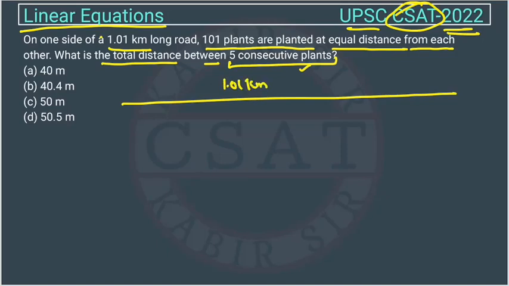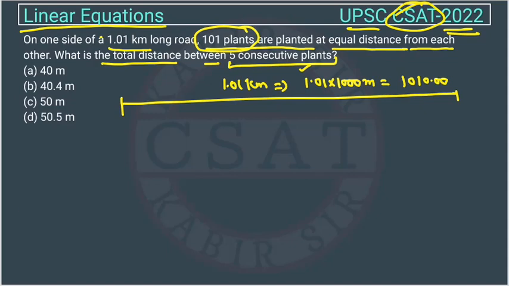We will convert it into meters: in 1 kilometer we have 1000 meters, so it becomes 1010 meters. This is the road from here to here. Now we have to plant 101 plants in this.